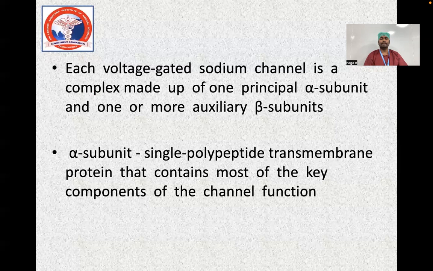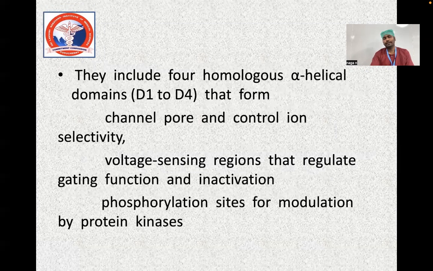Each voltage-gated sodium channel is a complex made up of one principal alpha subunit and one or more auxiliary beta subunits. The alpha subunit is a single polypeptide transmembrane protein that contains most of the key components of channel function. They include four homologous alpha helical domains that form the channel pore and control ion selectivity, voltage-sensing regions that regulate gating and inactivation, and phosphorylation sites for modulation by protein kinase.